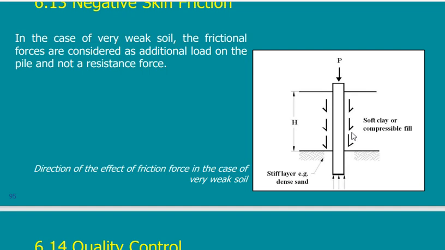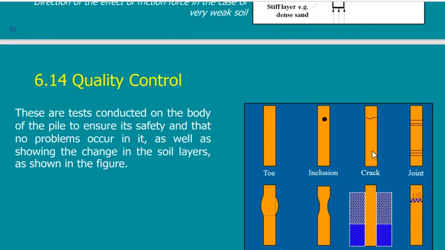So this is very, very important, and as I gave you an example, the load can be completely changed, and the case may change from safe to severely unsafe, and the pile will fail.